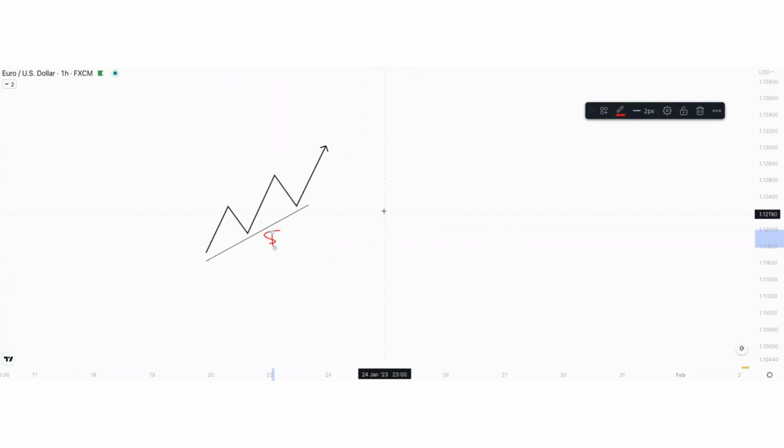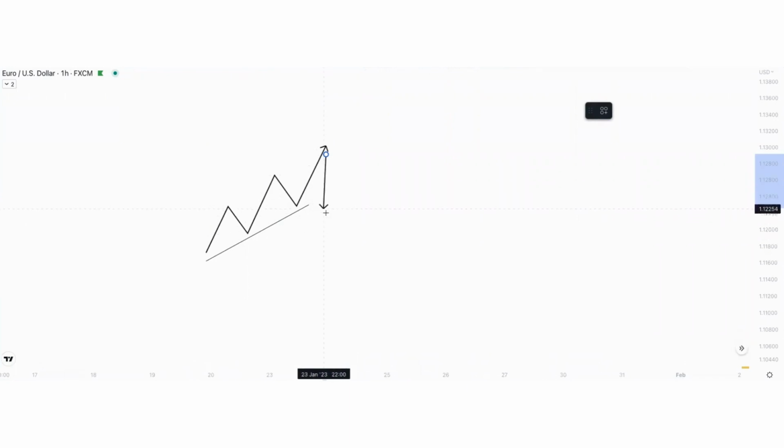Usually what will happen is that when it is in a trend line liquidity, it will go to the downside for the pullback, but sometimes it will grab the liquidity below this low and then continue to the downside.